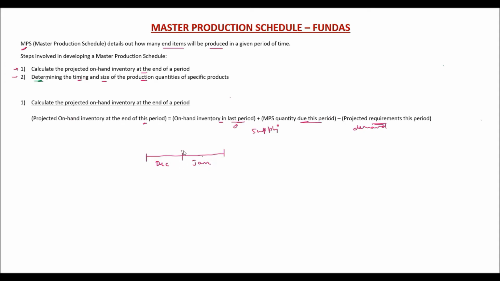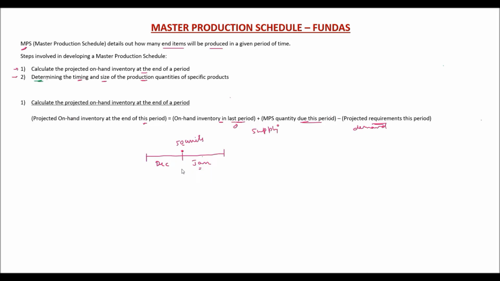So here at the end of December and beginning of Jan, what is the on-hand inventory? Let's say this is 50 units. Now there could be some quantity being manufactured as part of the MPS plan. So we need to find out if there is any quantity being delivered in January. So this 50 units is of course available in January, which is the on-hand inventory at the end of December.